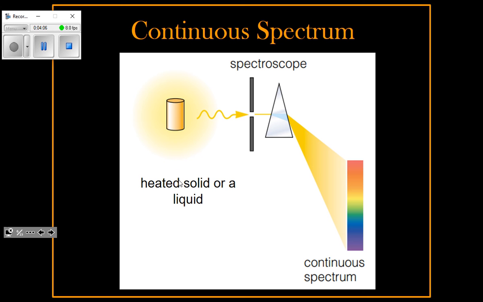The light that's given off by this heated solid or liquid is called white light. White light contains all of the colors, the whole Roy G. Biv range, that continuous spectrum. So a continuous spectrum is made by a glowing solid or liquid that's just passed through a prism.